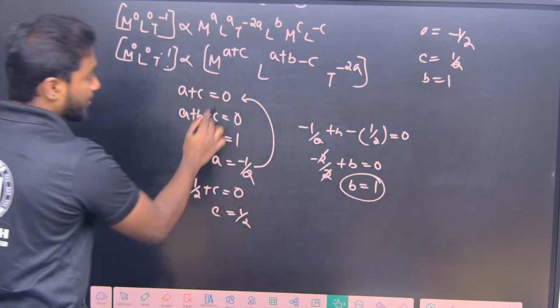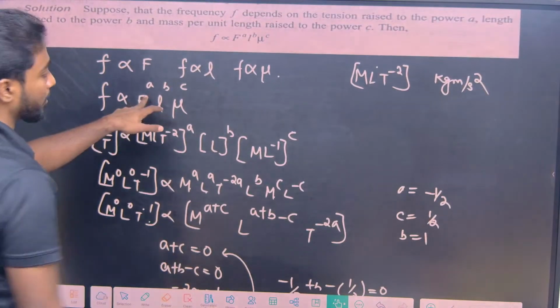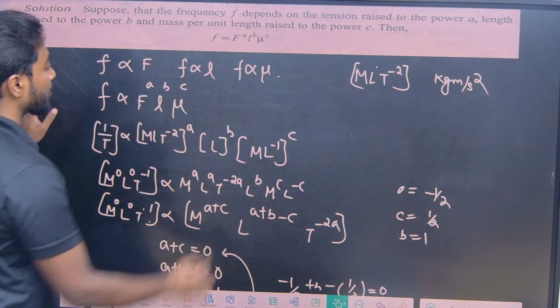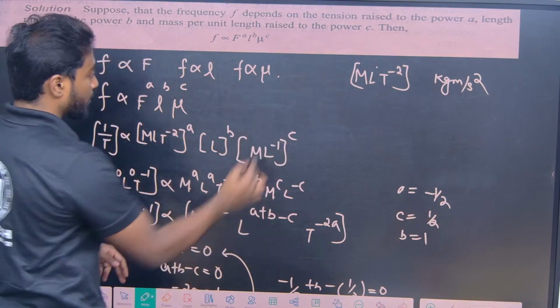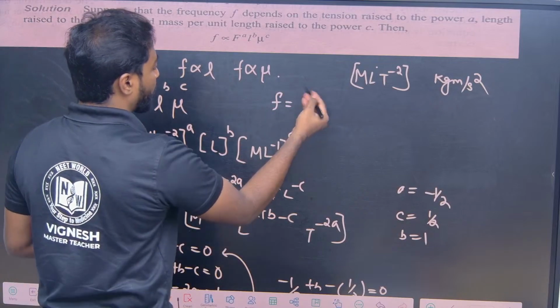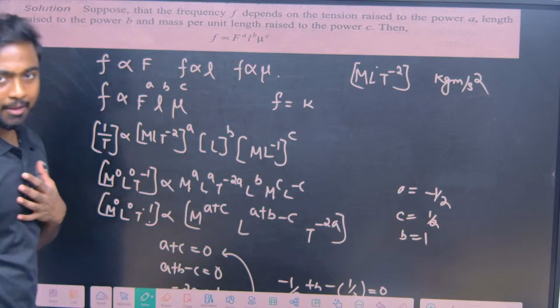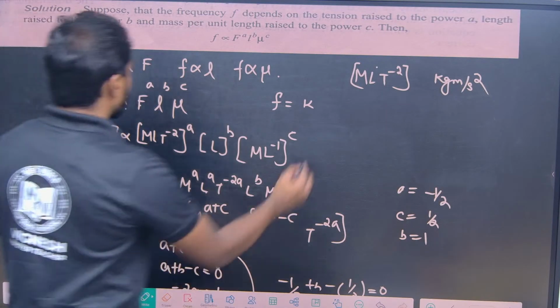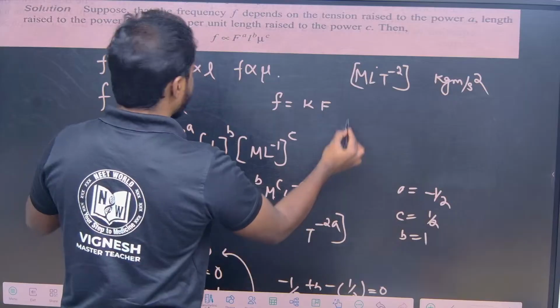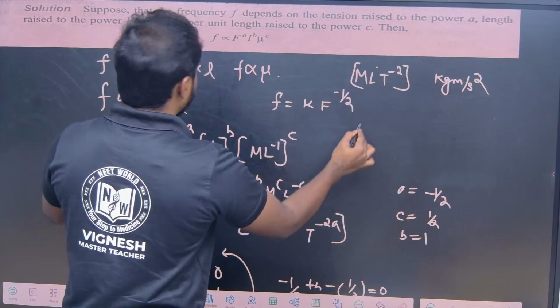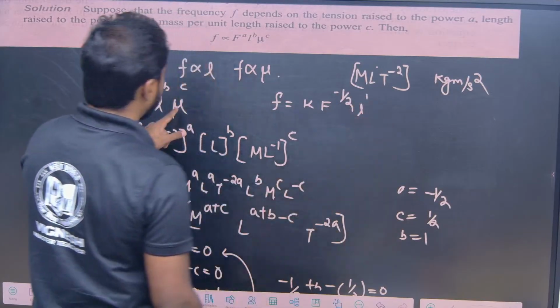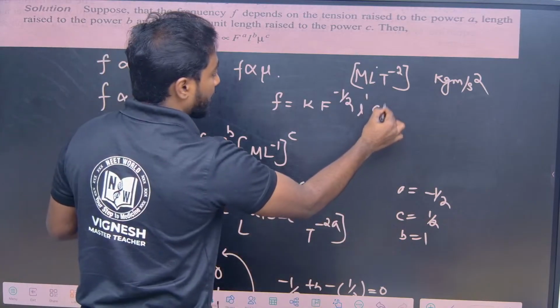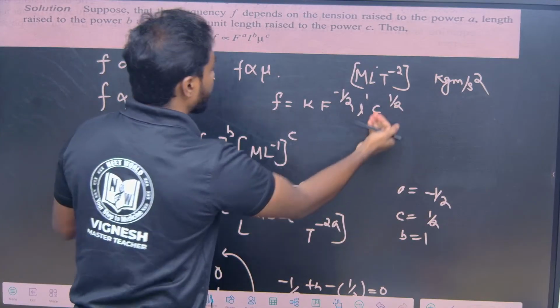So let us take the same powers and substitute here. f equals, some constant will be there, let me take that k, since I need to remove the proportionality. f equals k times F power minus 1 by 2, L power 1, mu power 1 by 2.